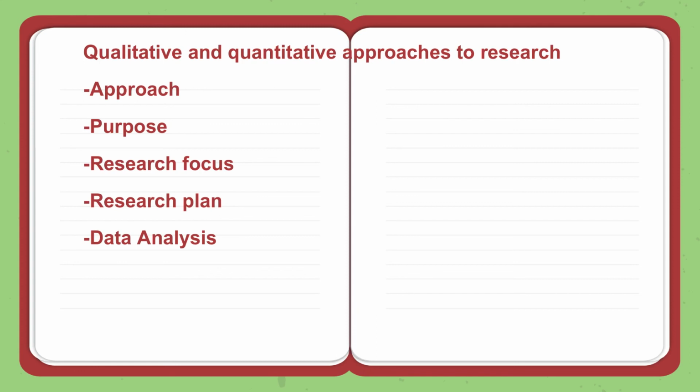It shifts and changes from one direction to another as it turns out. Now data analysis, as we said, is usually statistical, with descriptive and inferential statistics for quantitative, and it's mainly interpretive and descriptive with extensive narrative for the qualitative.